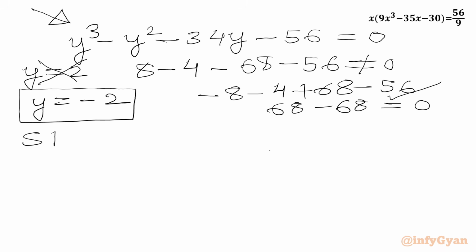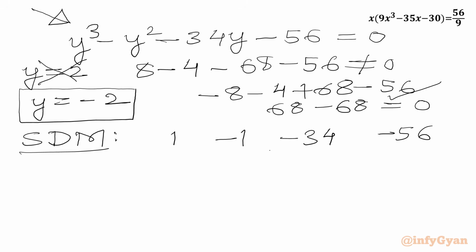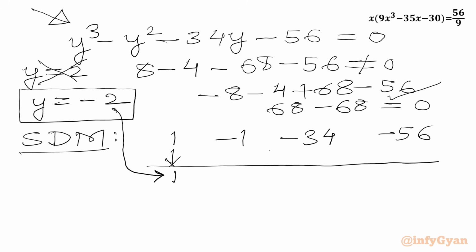Now we will go for SDM. Let's write all the coefficients of cubic equation. 1, minus 1, minus 34 and minus 56. We'll retain our leading coefficient 1 as it is. Now we have to multiply our base solution minus 2 with leading coefficient 1 and we will write product over here, minus 2. By adding these two, we'll get minus 3.